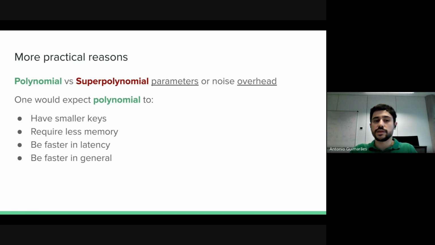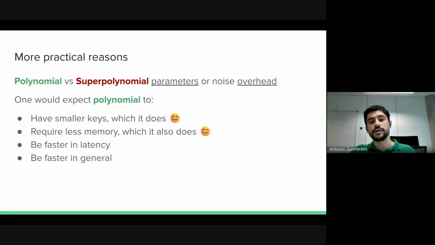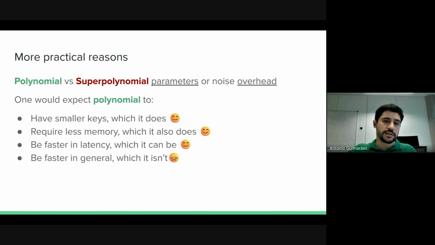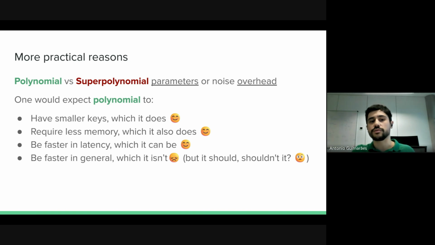When you have a scheme based on polynomial noise, you can have smaller keys, schemes that require less memory, and they are also faster in terms of latency. Intuitively, they should also be faster in general, like in number of operations per second, but they are not, at least not for now. So this is one of the goals of this research: to improve the number of operations per second that we can do with these polynomial schemes, aiming at, of course, having better performance in general.